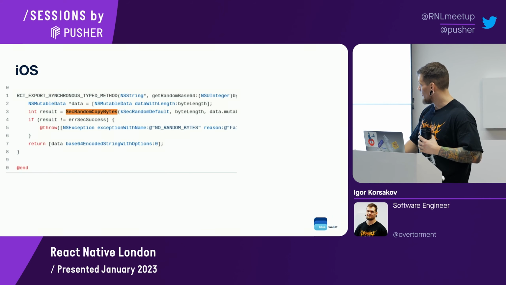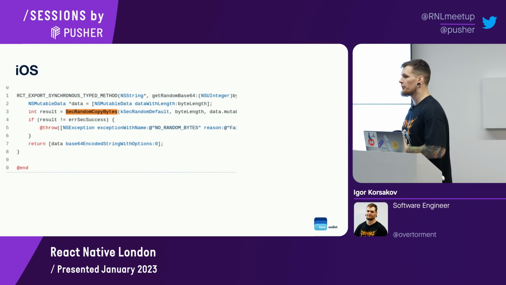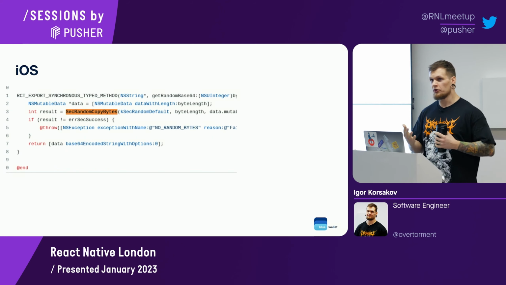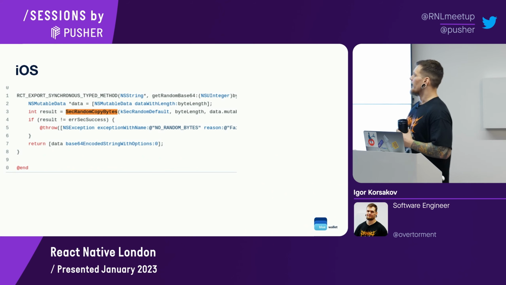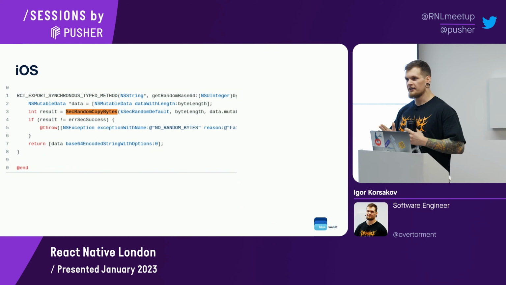So what we do, well, as React Native developers, we've got several packages that provide access to native calls to get the entropy from the operating system. We might code it from scratch and write it in Java, in Kotlin, in Objective-C, or we use an existing package. But if we're security focused, we must always verify.